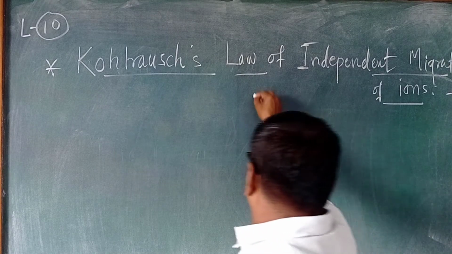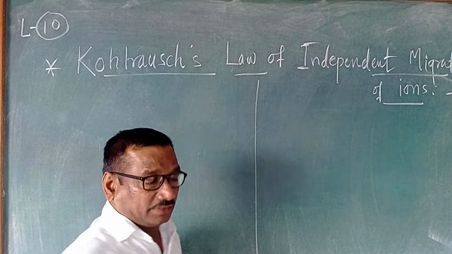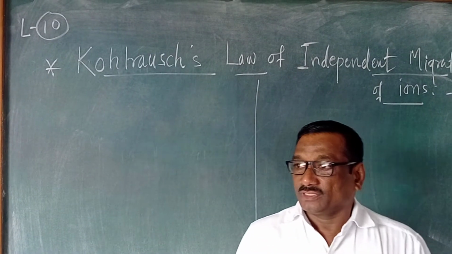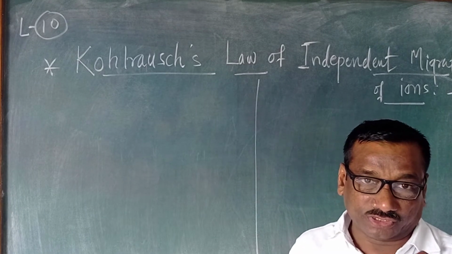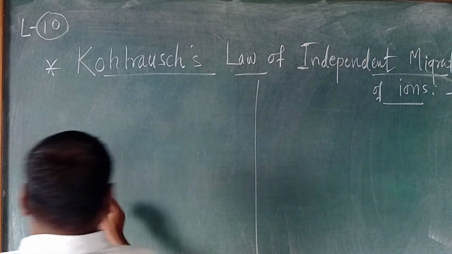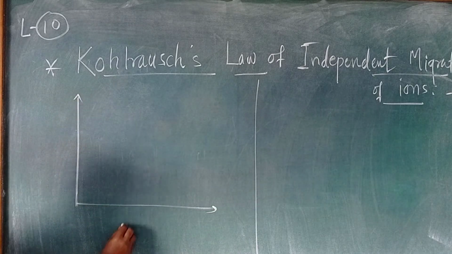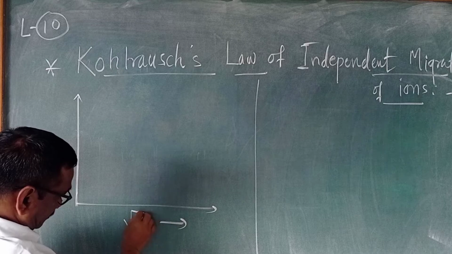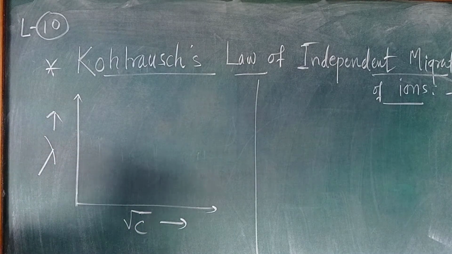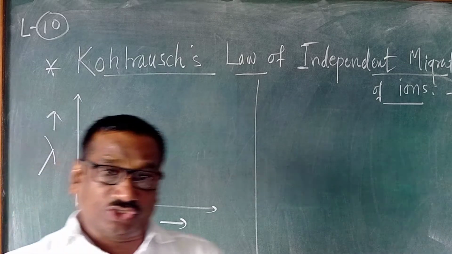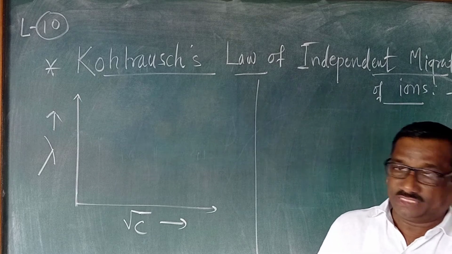Friends, now see, in the last lecture, the ninth lecture, we studied the equivalent conductance versus concentration graph, that is, under root C versus lambda. The nature of this graph is different for strong electrolyte and weak electrolyte.